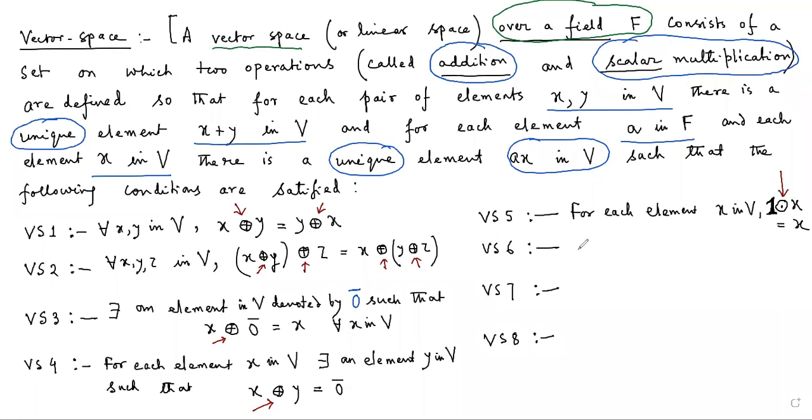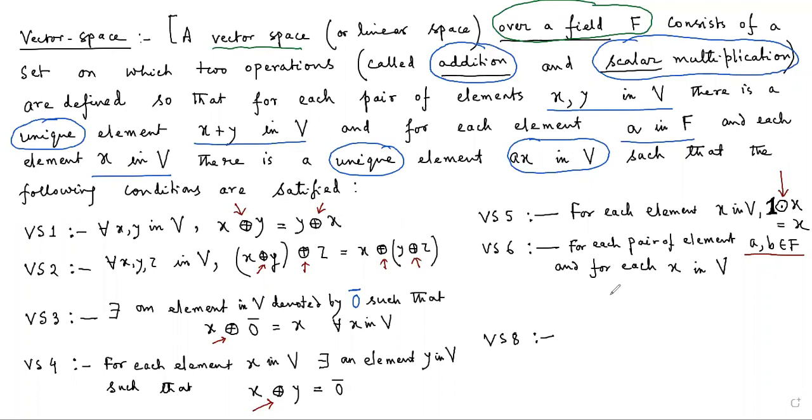And the sixth property is for each pair of elements A, B belonging to F, highlighting this part, and for each x in V, we have A dot B dot X equal to A dot B dot X, with the grouping changed.